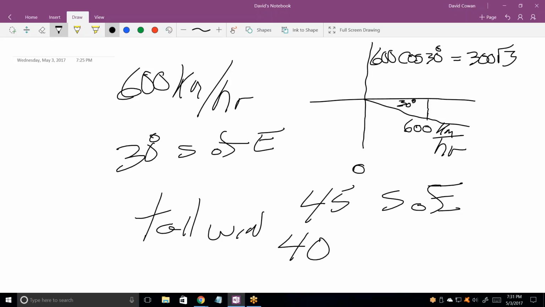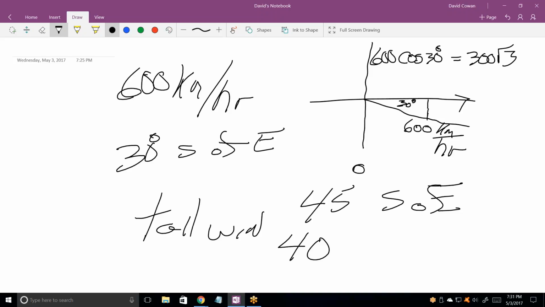That's how fast it's going in an easterly direction. Right, that's the x. In other words, when I'm breaking it up into its components, I'm breaking it up into its horizontal and its vertical.